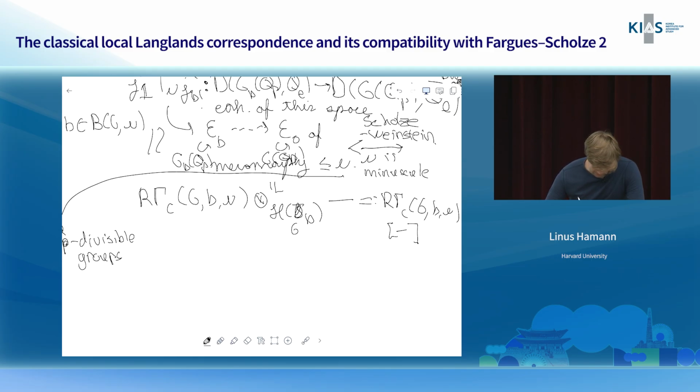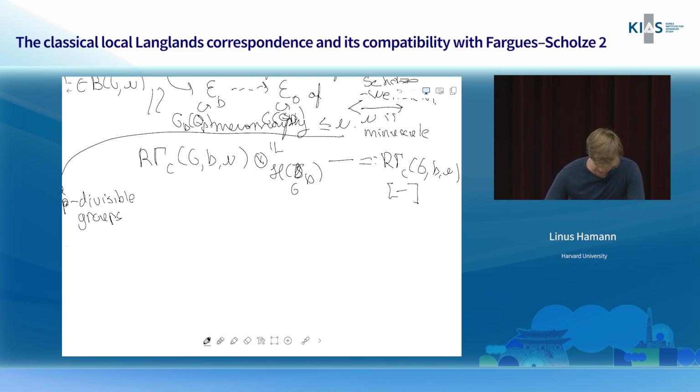So more precisely, the kind of space you're going to see here is sort of deformations of a p-divisible group X_B over F_p bar.